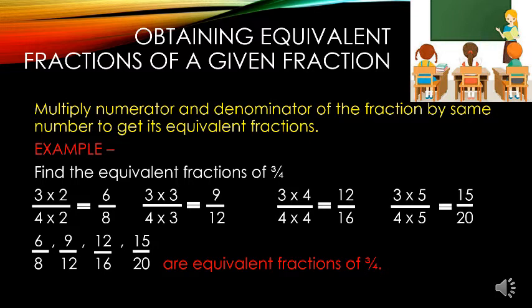Now, again multiplying the numerator 3 by 5 and the denominator 4 by 5, we obtain our fourth equivalent fraction, that is 15 by 20. So, 6 by 8, 9 by 12, 12 by 16 and 15 by 20 are equivalent fractions of 3 by 4.